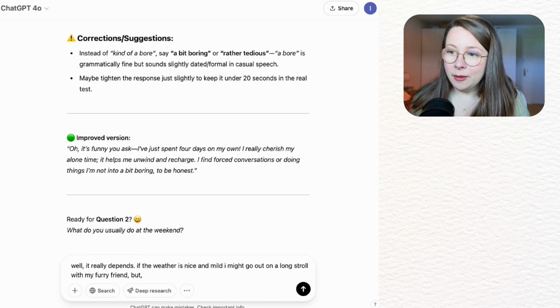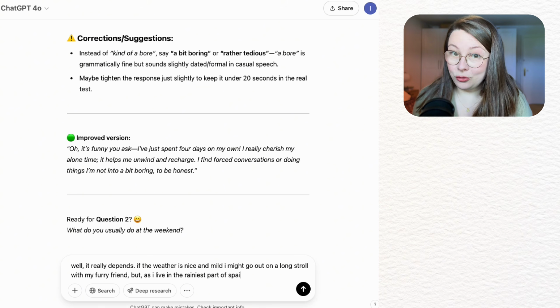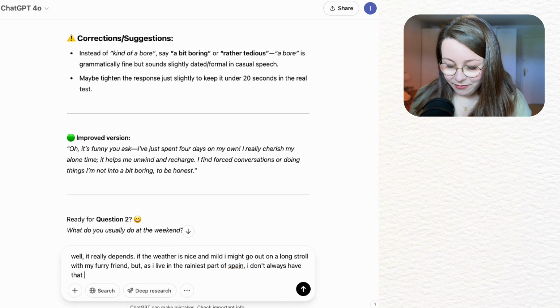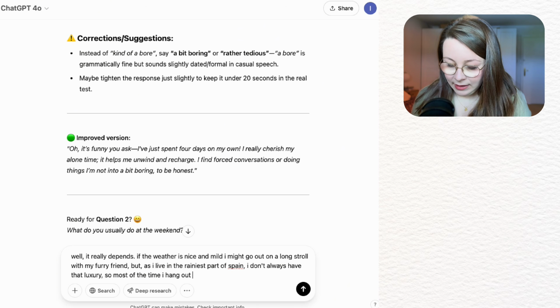But I'm going to put in a personal anecdote because examiners love that. It makes it sound more natural. As I live in the rainiest part of Spain, true story, I don't always have that luxury. So most of the time I hang out with my besties.